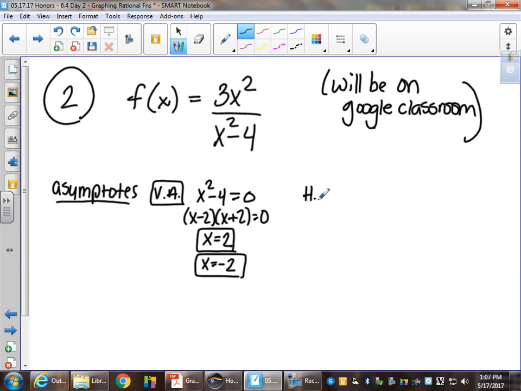For my horizontal asymptote, singular, remember there's only ever one of them, we need to look at m and n. M is the degree of the numerator, which is 2. N is the degree of the denominator, which is 2. Here, m equals n.